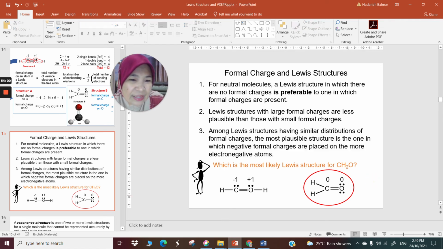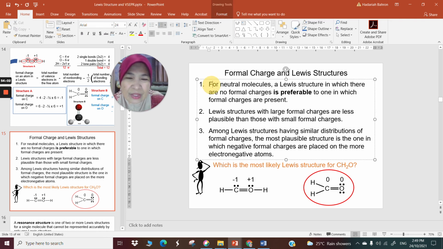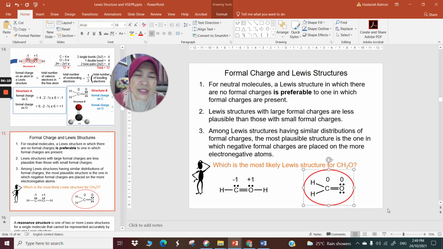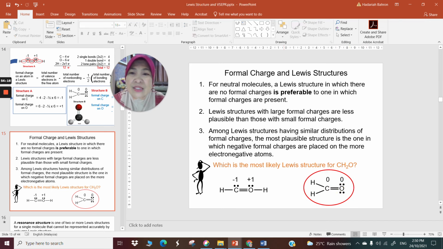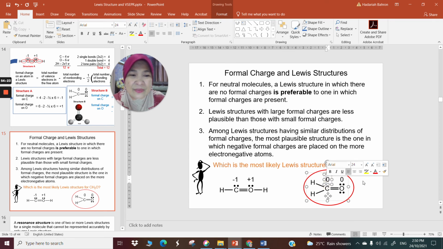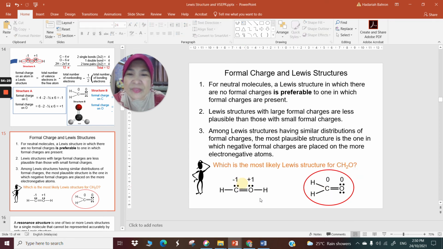So knowing these 3 rules between formal charges and Lewis structures, we determine that the most likely structure for formaldehyde, CH2O, is this. Why? Because 1, it is a neutral molecule, so you do not want to see any formal charges. That's already correct. Compared to this one, it does have formal charges.